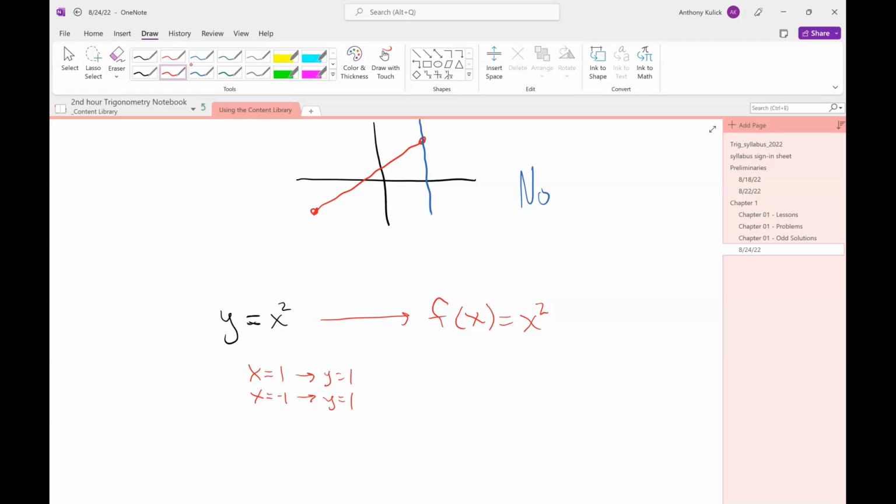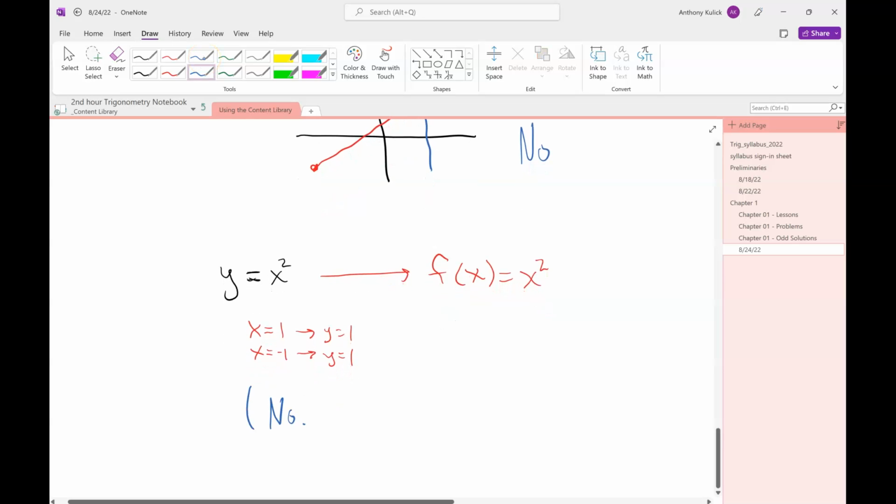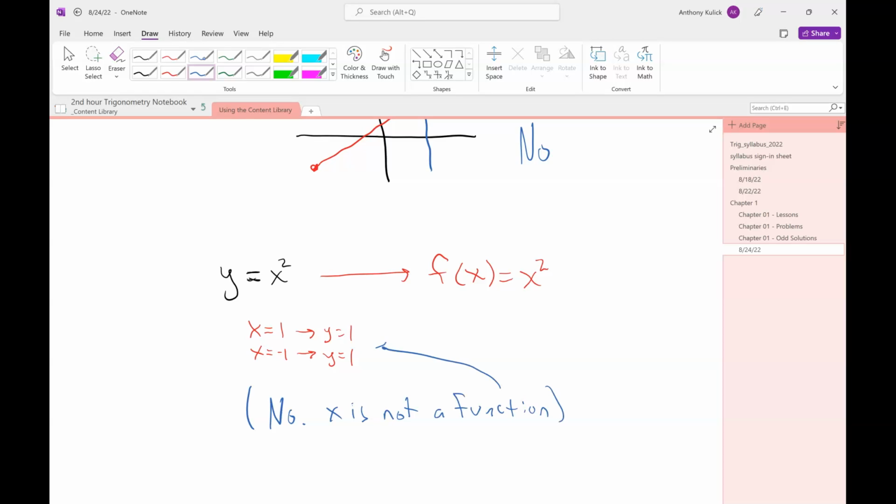Now, in general, intuitively, we will never do that because we've just, as a mathematics community, decided that x is always going to represent the independent variable and y the dependent variable. But we can take away that ambiguity by using an f of x notation as opposed to a y equals notation. Does that feel okay? Okay, so we've decided here that we said no, x is not a function of y, based on what Boyd said here.